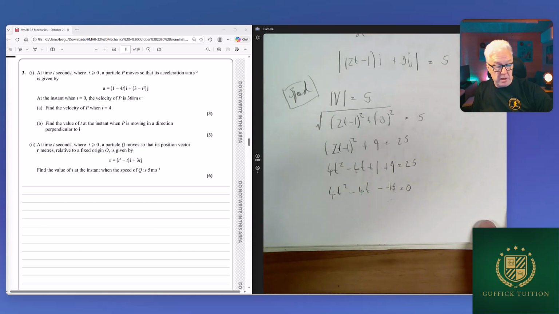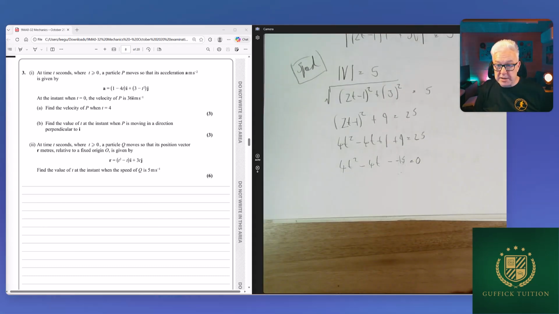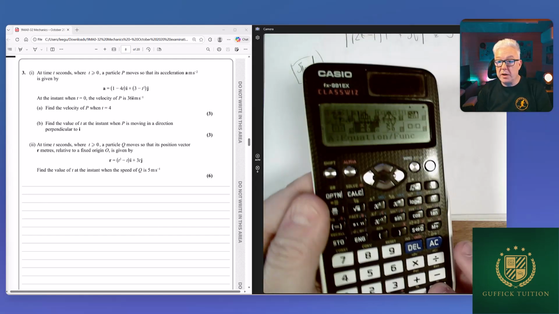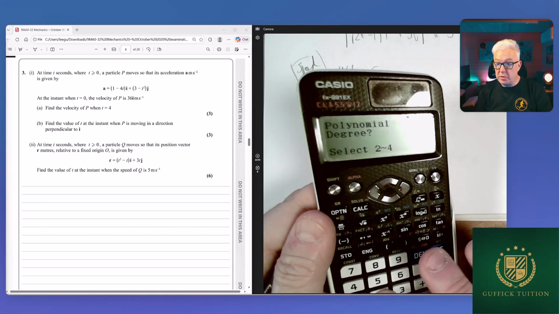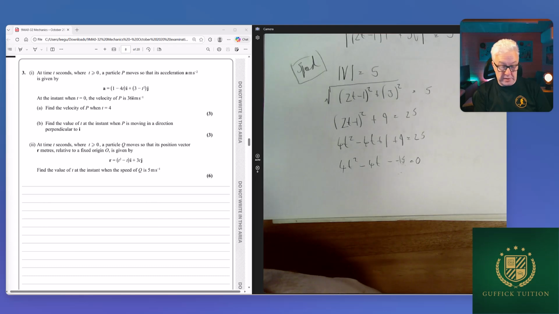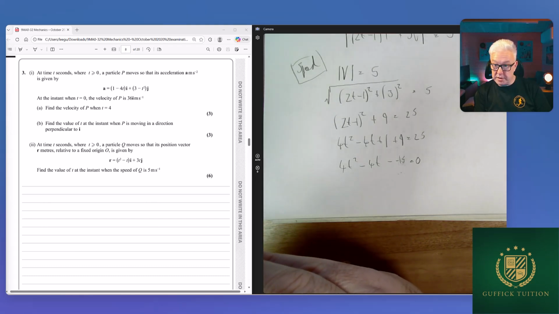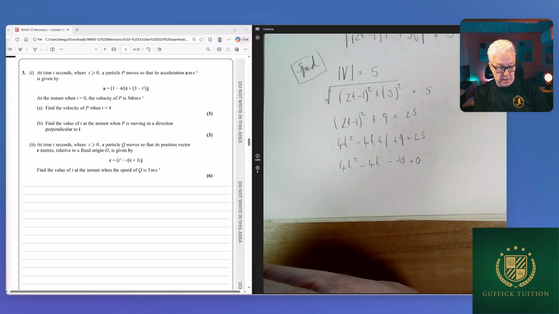Now, when we put this into our calculator and factorize it, let's see what we get for this one. So here we go again, polynomial degree 2, and it is 4t squared minus 4t minus 15 there.